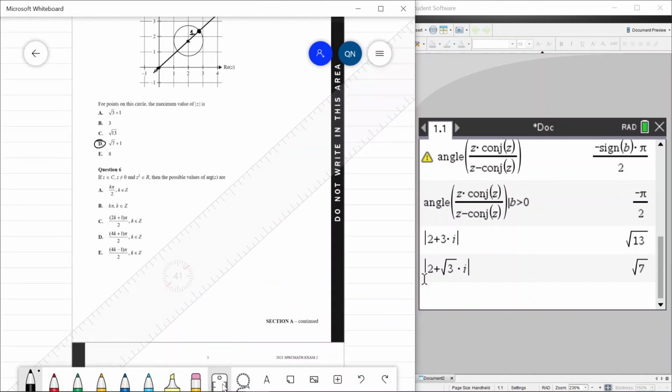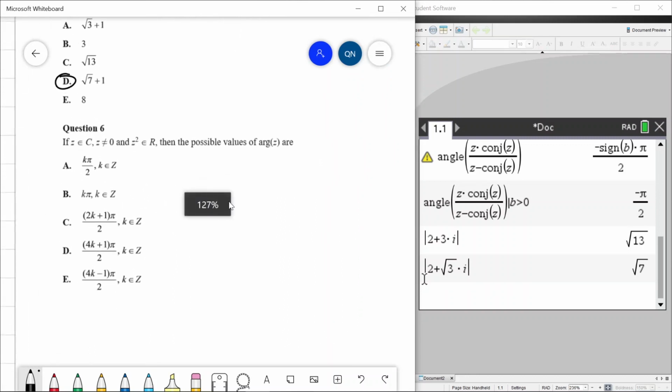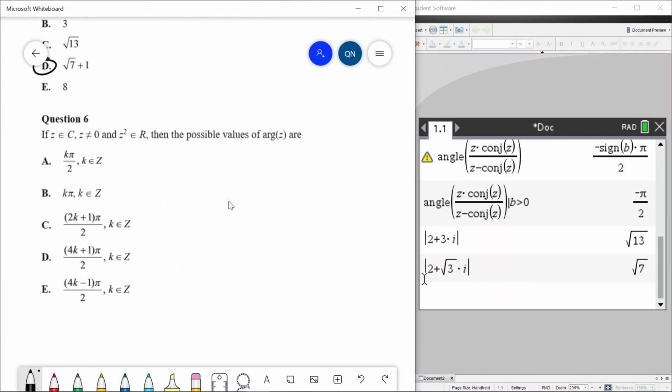All right, question 6. So z is a, let's get rid of this ruler. z is a complex number, z is not 0, z squared is a real number, then the possible values for arg z are. Now, z is a complex number, okay, and z squared is a real number. So if you imagine the complex plane over here, what happens when you square things? Well, first of all, the modulus gets squared, but also the angle doubles. So what are the complex numbers such that when you double the angle, you land back on the real axis?